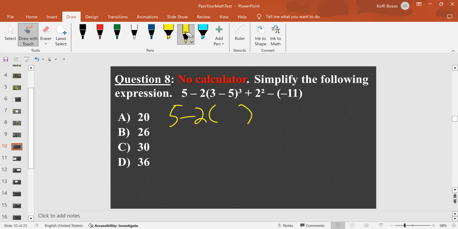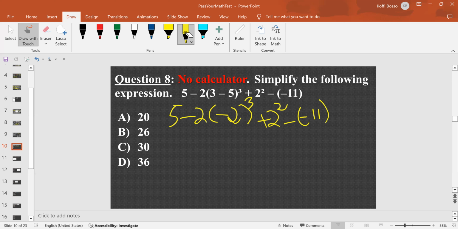So I will do parentheses. So 3 minus 5 is negative 2. Yes, 3 minus 5 is negative 2. Raised to the third power plus 2 to the second power minus negative 11.